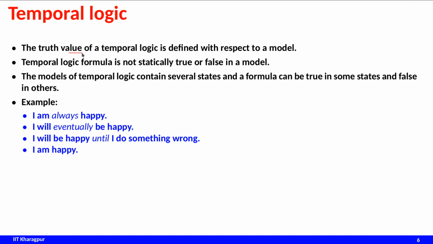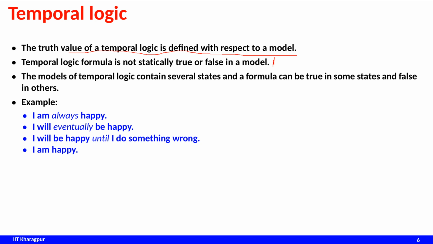So the truth value of a temporal logic formula is defined with respect to a model. If somebody gives me a model, on that model I have to check whether a given formula is true or not.